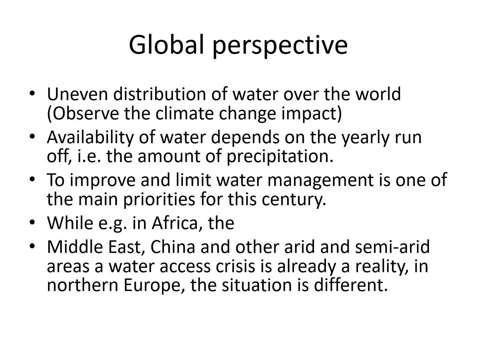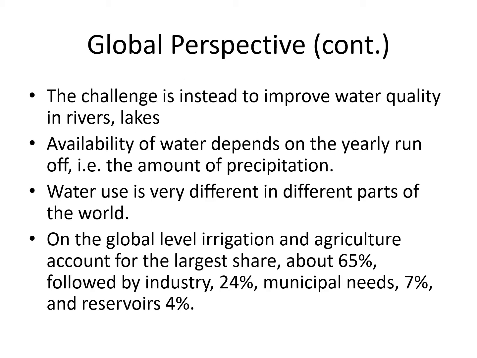There should be some water saving schemes, such schemes with which lesser water is used. Like in Africa, the Middle East, China and arid and semi-arid areas, a water access crisis is already a reality. Because water is not available, it is difficult to access water. The challenge is instead to improve water quality in rivers and lakes. Availability of water depends on yearly runoff, that is the amount of precipitation.